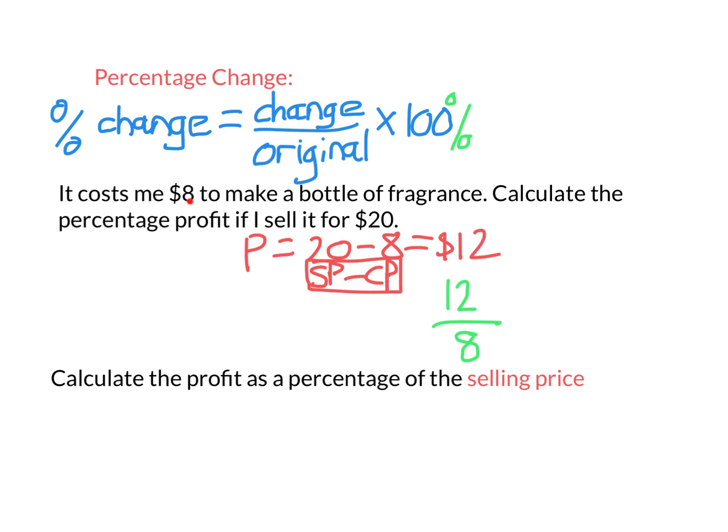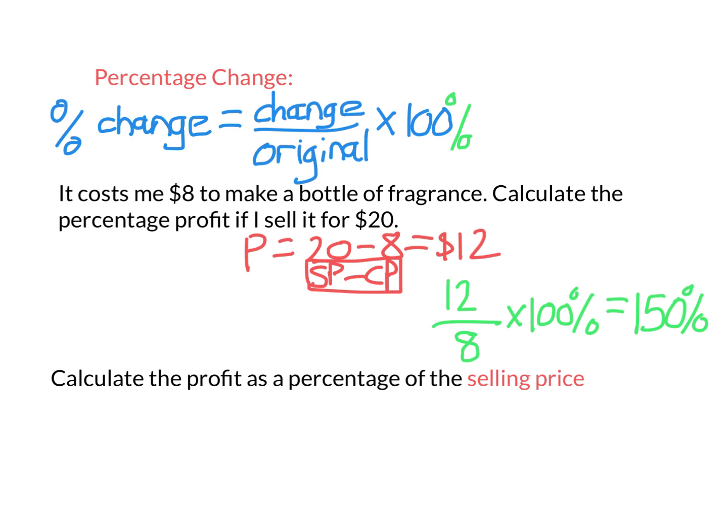So it started at $8 and then we increased by $12. So change over original, then we're going to times by 100 and stick a percent sign on. So it comes out to be 150%. The profit is 150%. In other words, the profit is 1.5 times the cost price.